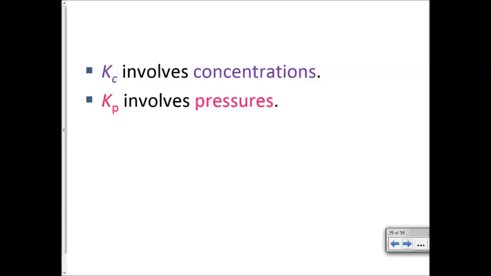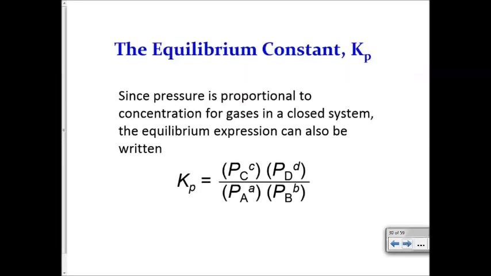Instead, you're going to use the partial pressure notation for the pressure ones. So this is how you would do the partial pressures. So if our reaction was A plus B gives C and D, instead of putting in brackets, you would put parentheses, but you would use the big P, and then you put the little substance down below. In that case, it's talking about chemical species C raised to its power, the partial pressure of D raised to its power, over partial pressure of A raised to its power.